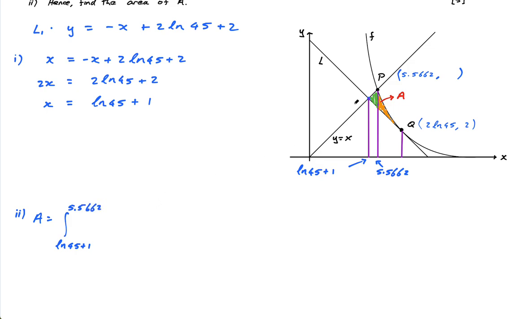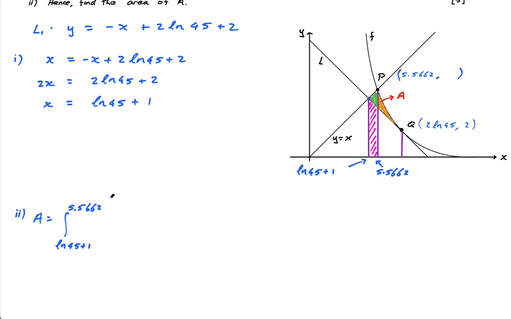And then I need to do the integral of x minus the integral of L, because when I integrate x, it's going to give me all the area underneath this straight line, but I need to subtract this pink area, which is the area under the line of L within the same limits.